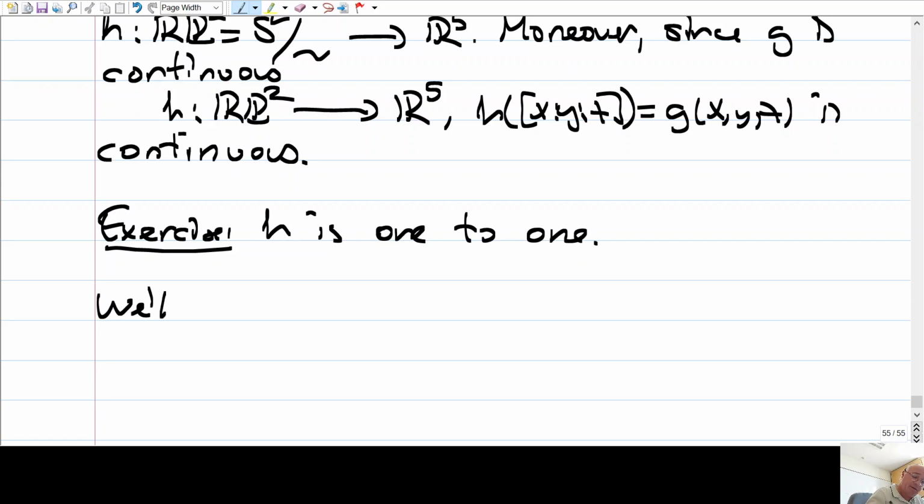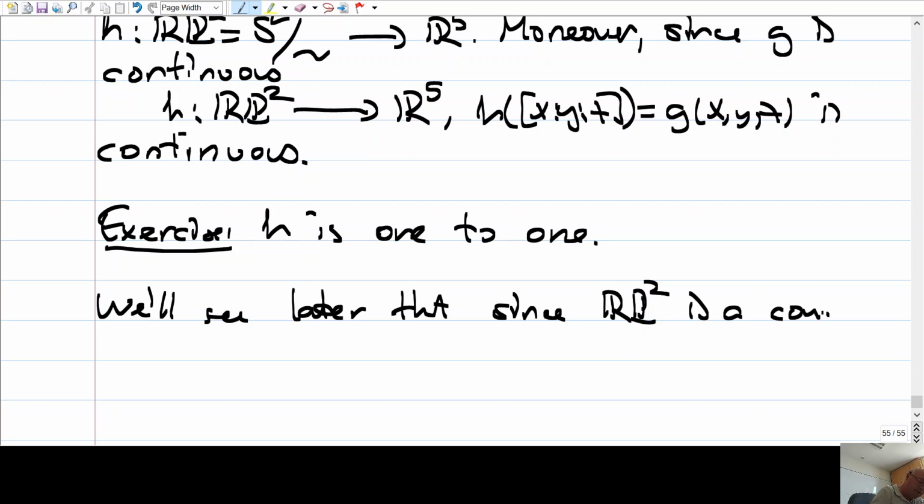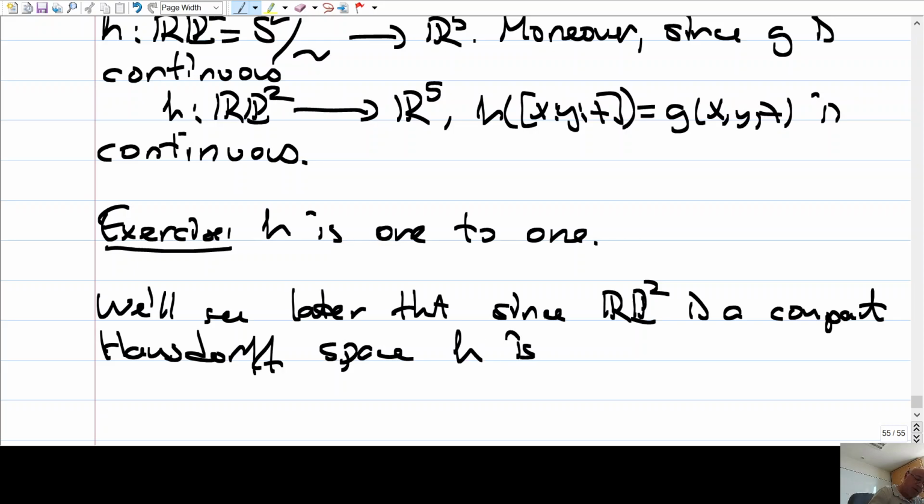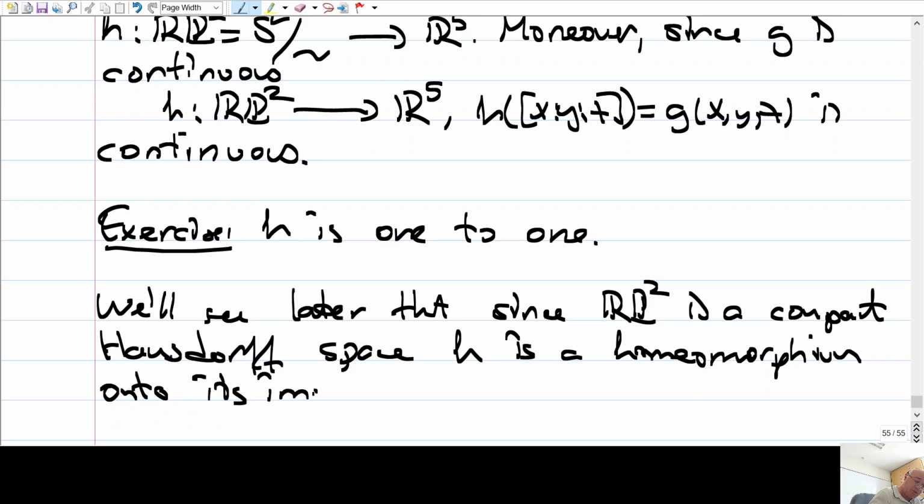We will see later that since RP2 is a compact space, compact Hausdorff space, H is a homeomorphism onto its image.